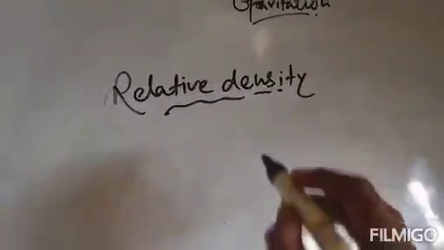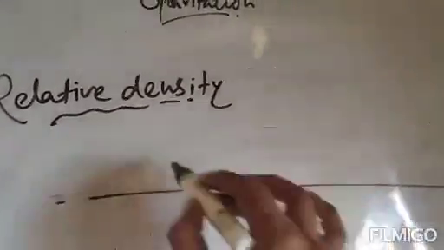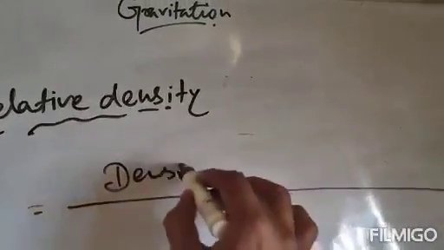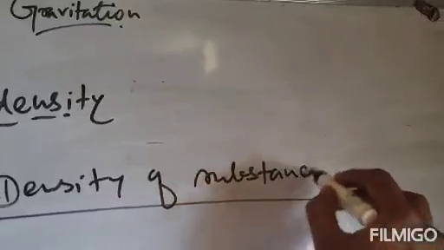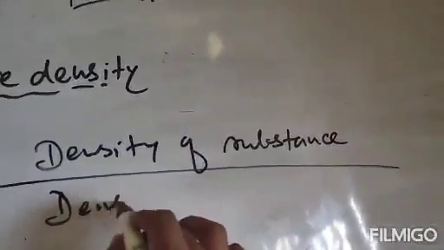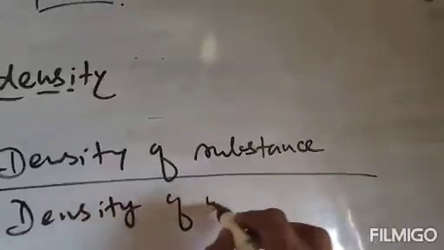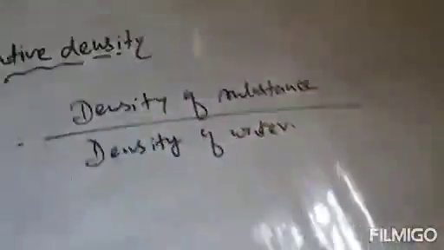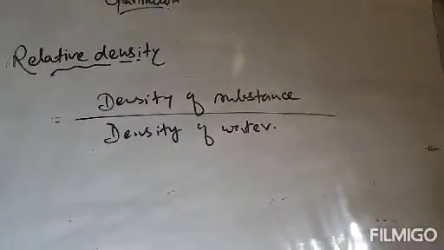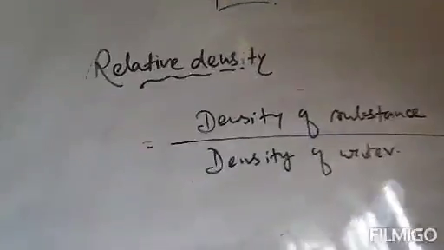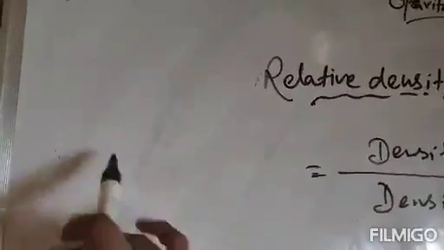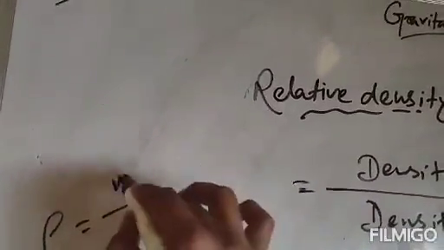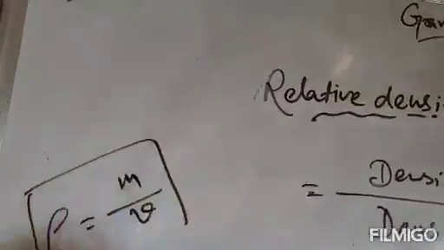So relative density is equal to the density of the substance divided by the density of water. That is the relative density. Or you can also write it this way: we know density, rho, means m by v, that is mass by volume.